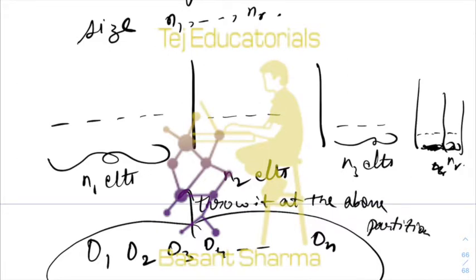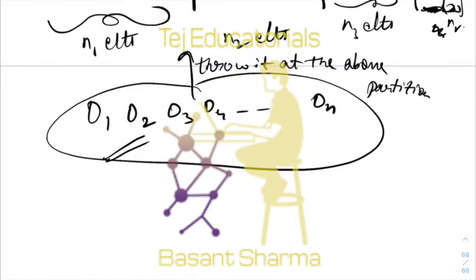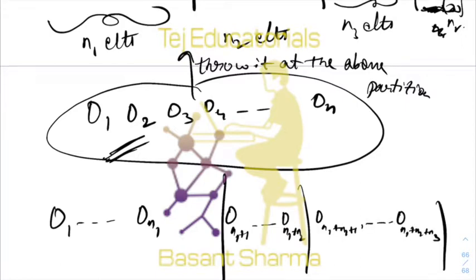What will happen? The partition will break this arrangement into R groups, right? So suppose I throw this arrangement at the partition, then I will get O1 till On1, then On1 plus 1 till On1 plus n2, then On1 plus n2 plus 1 till On1 plus n2 plus n3, and so on.